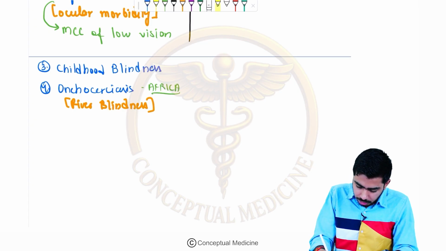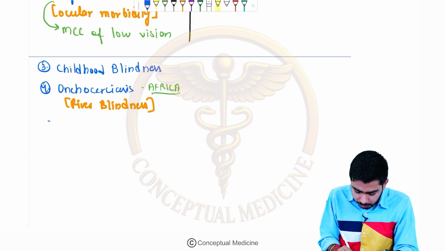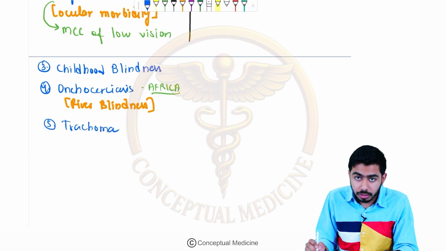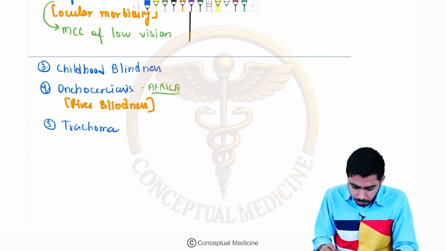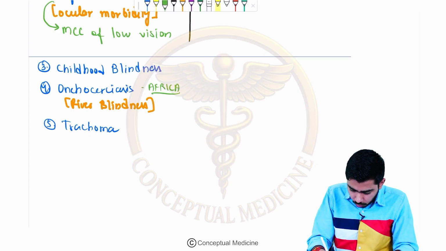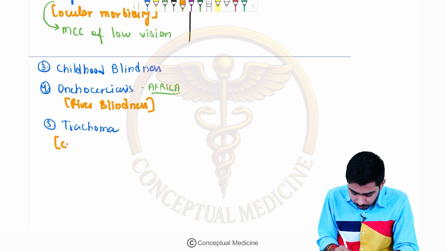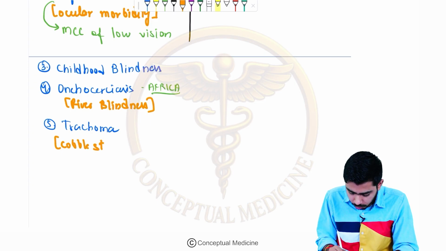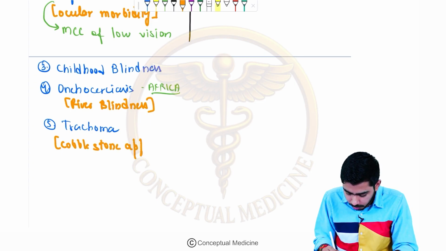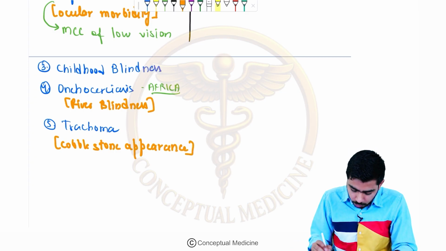Anyways, the next one which we shall talk about is trachoma. Trachoma is giving the cobblestone appearance. I will be showing you the image as well. Do remember that.